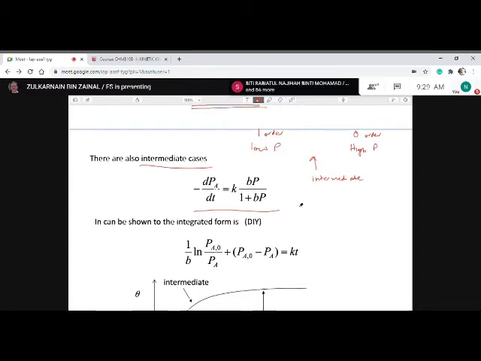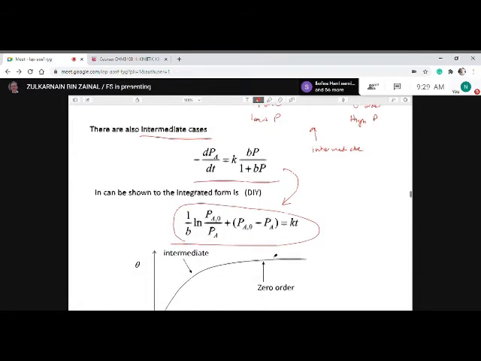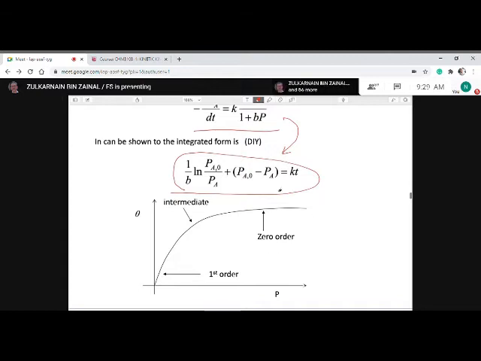If you do the integration, you get an integrated form like this one. You can see that this is a combination of two parts: one part is for the first order, the other part is for the zero order.